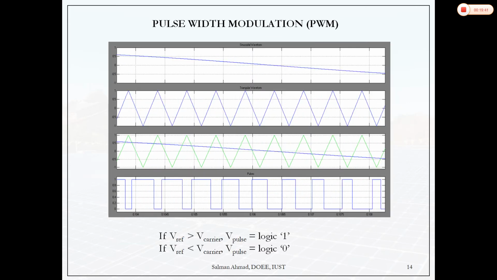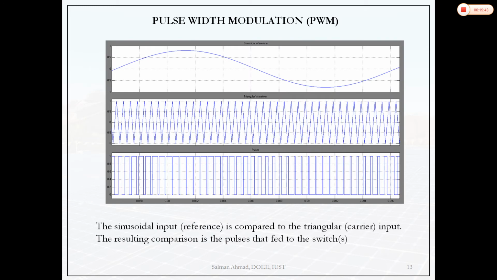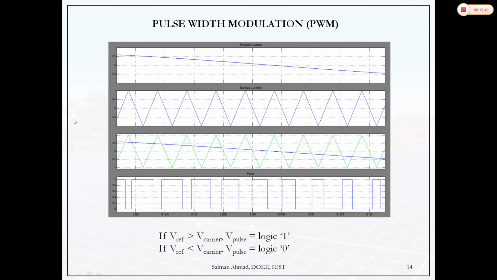If we zoom this reference and triangular carrier waveform, you can see that this is the sinusoidal waveform and the carrier triangular waveform is like this. This is the zoomed version, so we are not getting the complete cycle. Whenever the magnitude of the reference is more than the magnitude of the carrier signal, we will generate logic 1.